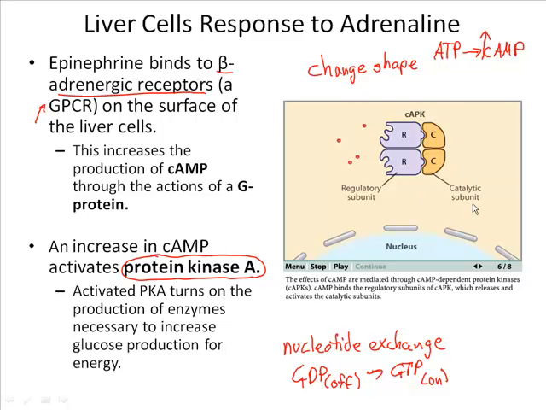The catalytic subunit has the kinase activity. Therefore, what's the function of the regulatory subunit? As we talked about previously in this lecture, a function of the regulatory subunit is to turn off the catalytic subunit. So when we have this complex, protein kinase A is inactive.